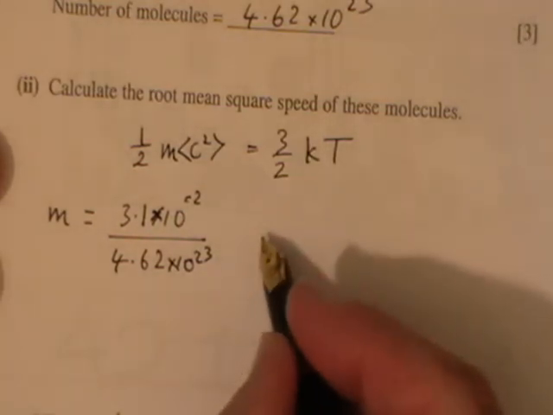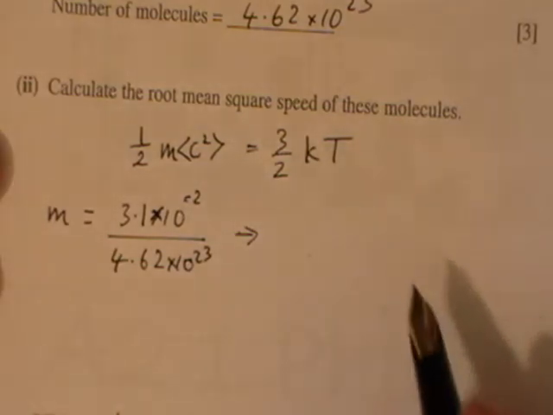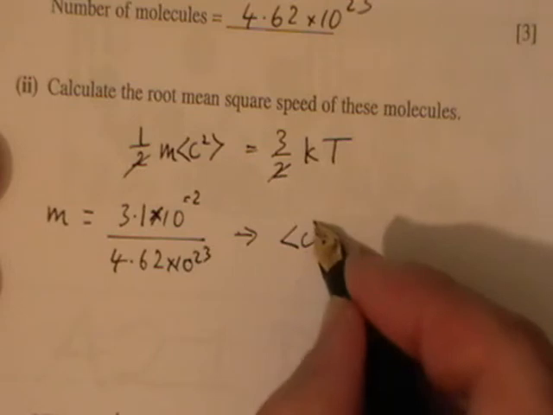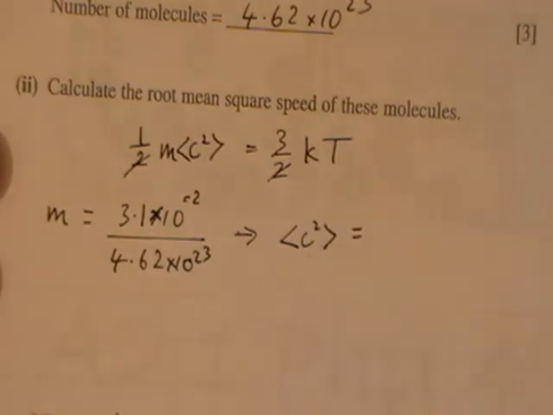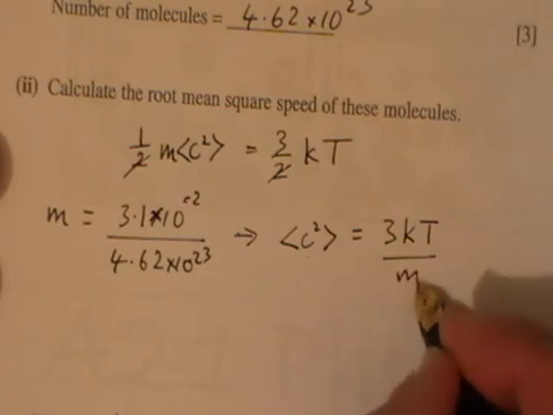And then we're going to say, if we take a look up above here, the half goes down, so we get c squared is equal to 3kT over m.